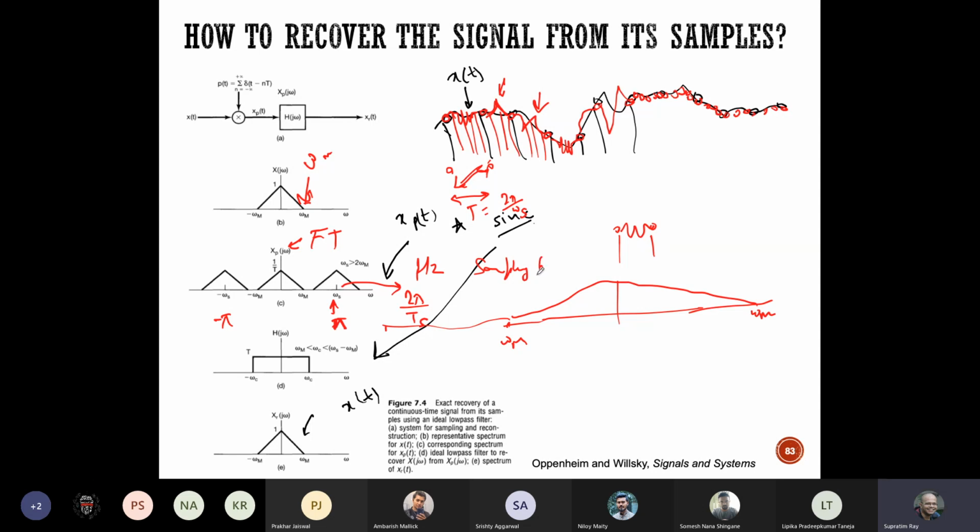When I discretize it, the DTFT is just going to be between minus pi and pi, so you don't have any information about the sampling frequency anymore. It's periodic with a period of 2 pi, while the continuous version of that signal, the sampled signal, is periodic in the frequency domain with a period of omega s.